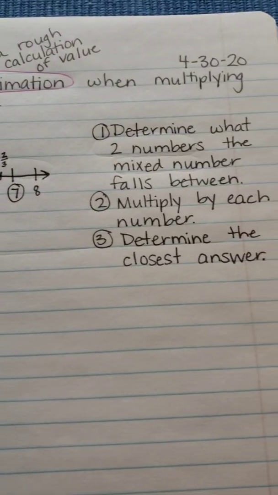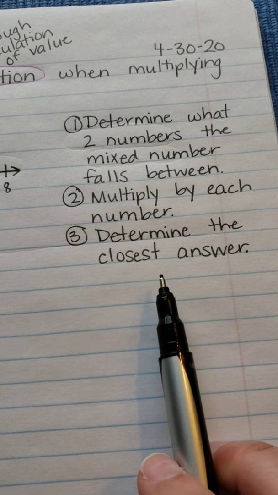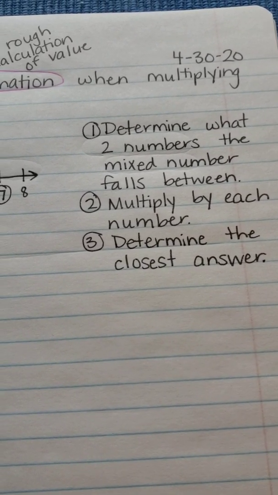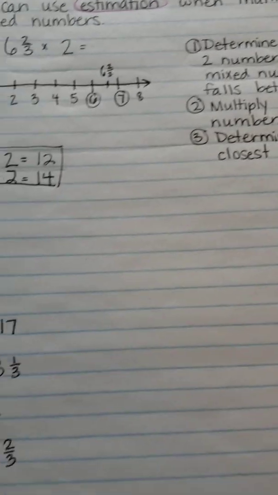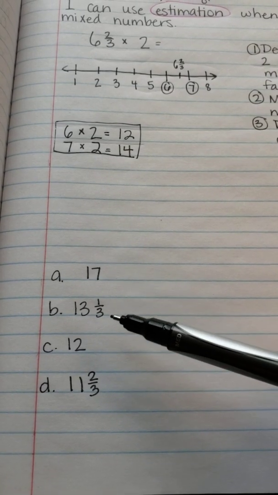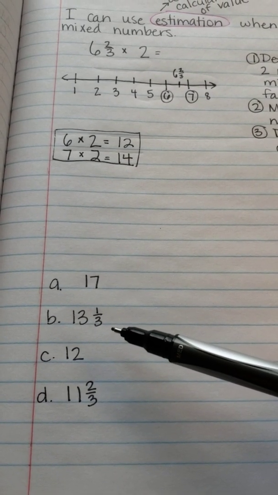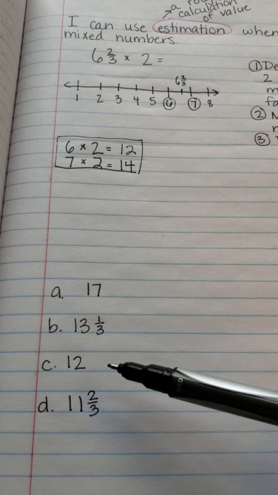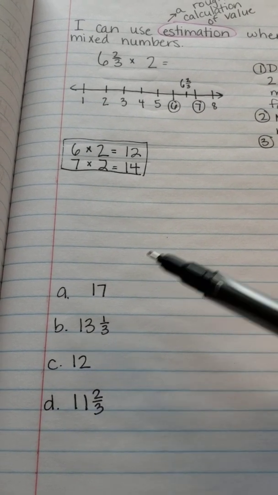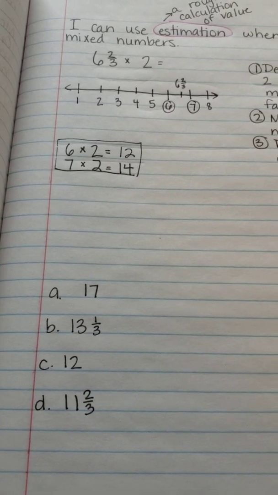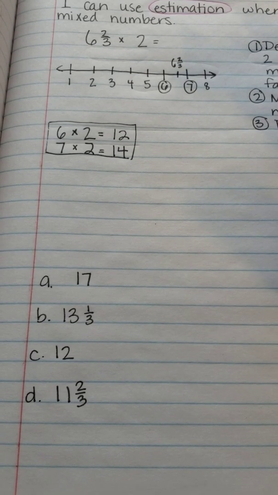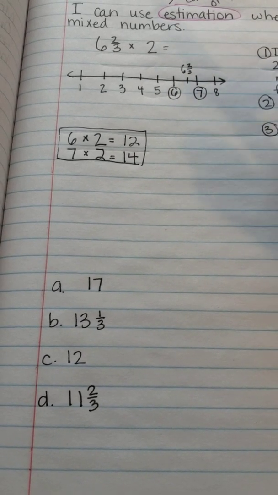Okay. And then our third step is determine the closest answer. So this is going to be a multiple choice question. So here are the answers that we can choose from: 17, 13 and 1/3, 12, 11 and 2/3. So when I'm thinking about my answers, I always want to try and figure out, is there something that I can completely get rid of because it doesn't make sense?